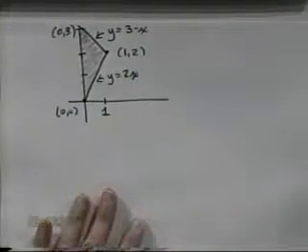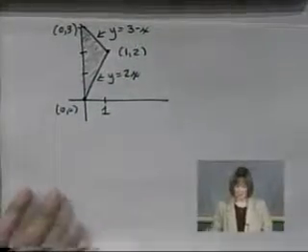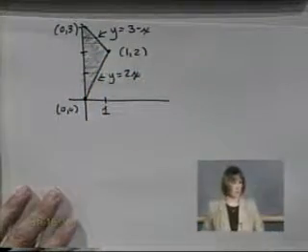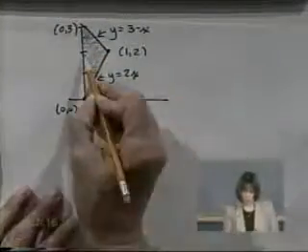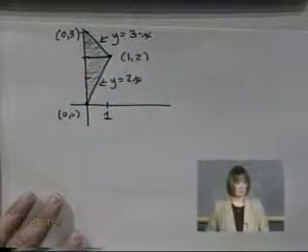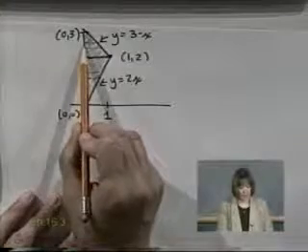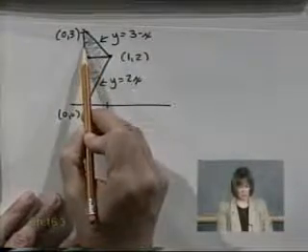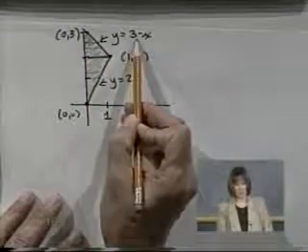Now we have to decide how we are going to draw our strips. If you decide to draw your strips this way, you can do that. But guess what? You're going to have to break your region up here and do 2 integrals. Because if you pick an arbitrary y and let x range, up here the x's are ranging from 0 to 3 minus x.